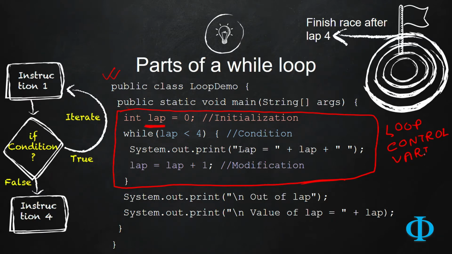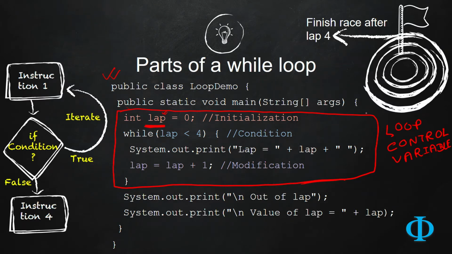So here in this program, lap is the variable which controls the entire loop. It initializes the loop, it defines the condition of the loop, and it is modified again and again to decide whether the program will stay inside the loop or not. That is why it is called a loop control variable, or sometimes just a loop variable.